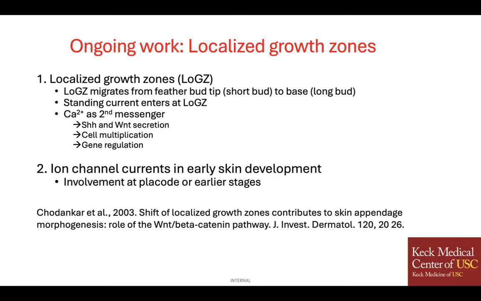So that's pretty much what I'm going to talk about that's new, and we have ongoing work. Probably one of the more exciting ideas that we've arrived at is that the regions where the most growth is occurring within an individual feather bud, those regions are called localized growth zones.